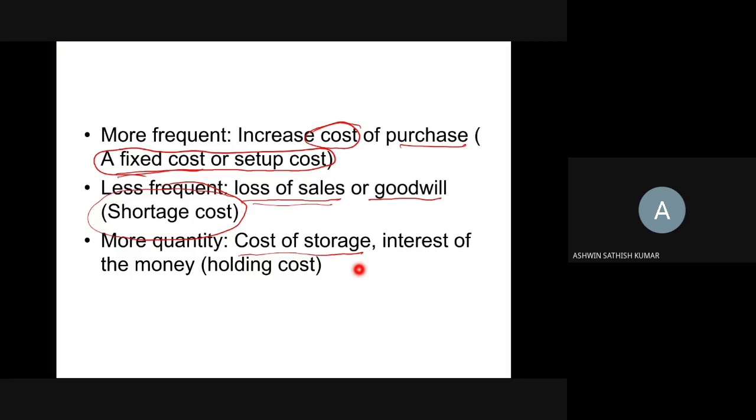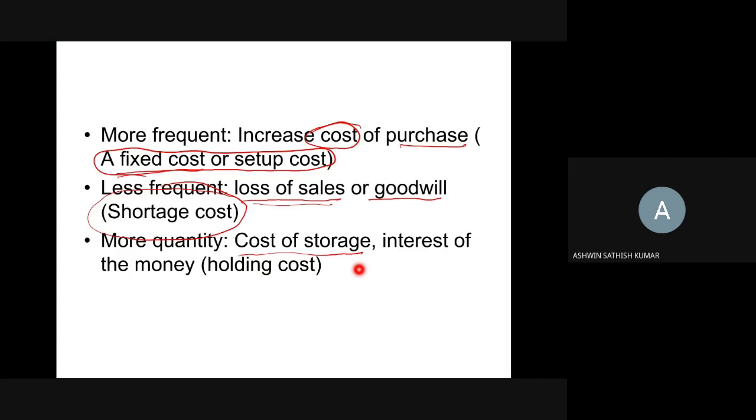By chance if you have a business of vegetables, you have to maintain cold storage. If you have a business of cereal, then you have to protect it from rodents. So that type of cost will increase. Means when we procure a large quantity, we have to bear the cost of storage.